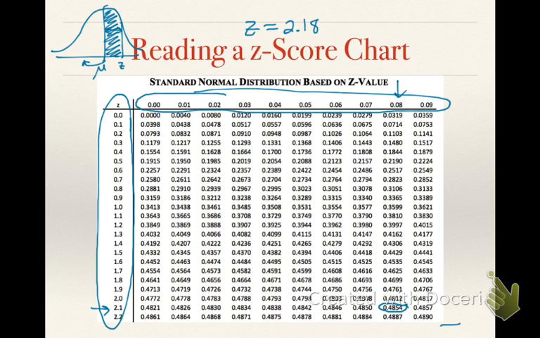So what that tells you is that the area, or the probability, between the mean and that z-score of 2.18 is that value, 0.4854, or about 48.54%.